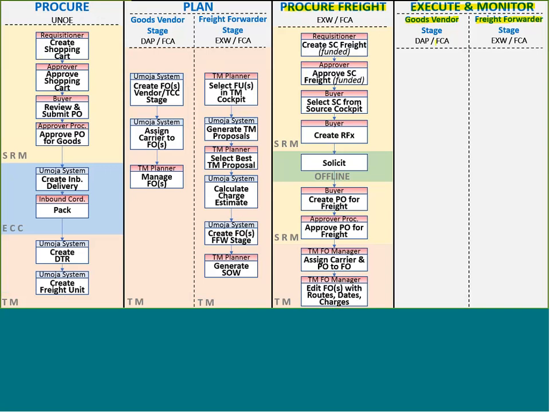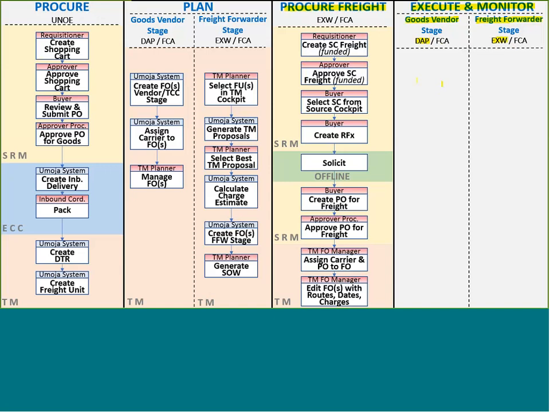In the case of an FCA, we have both stages. In the case of delivery at place, we only have one stage because the goods vendor is responsible for the entire shipment. And in the case of EXW, we only have the freight forwarder stage because the UN, using the freight forwarder, is responsible for bringing the items from the goods vendor up to the final destination.